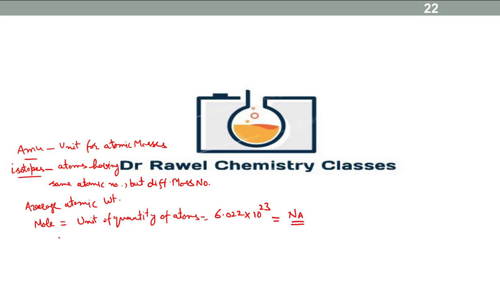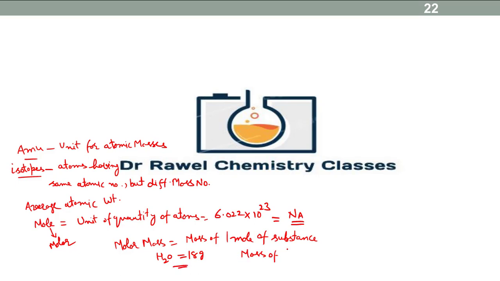Then we did the relation between mole and molar mass. We said that molar mass is equal to the mass of 1 mole of a substance, like water. Its molar mass is 18 gram. That means 6.02 into 10 raised to the power 23 molecules of water have a mass of 18 gram.